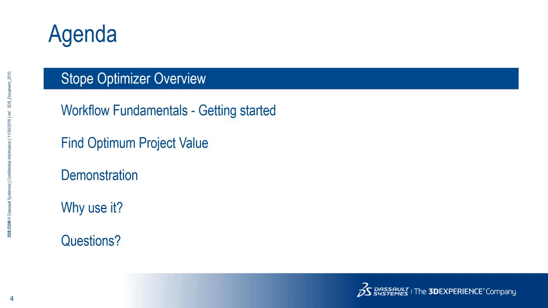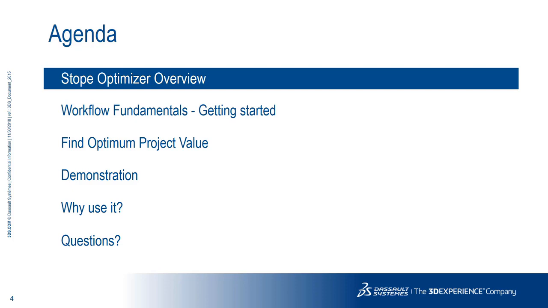Let's have a look at the agenda for today. We'll begin with just an overview of the Stope Optimizer. What is it? We'll look at the fundamentals to get going with the Stope Optimizer in Sepik 2019. We'll look at other functions available to you in the Stope Optimizer that really will let you discover optimum project value.